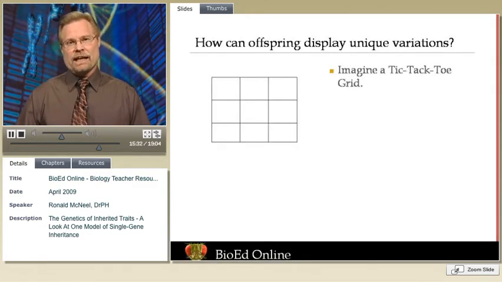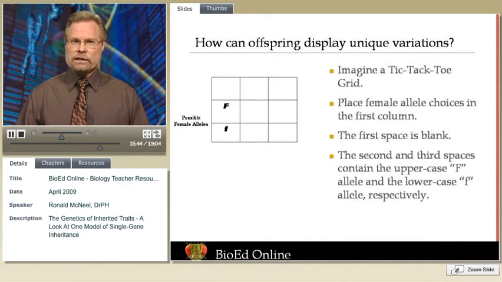Imagine a tic-tac-toe grid. Knowing that the possible allele choices for each gamete from each parent are either a dominant or recessive allele, let's first place the allele choices for the female egg in the first column. The first space is blank, and the second and third spaces contain the uppercase F allele and the lowercase f allele, respectively.